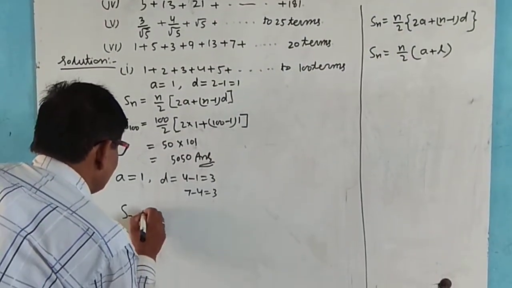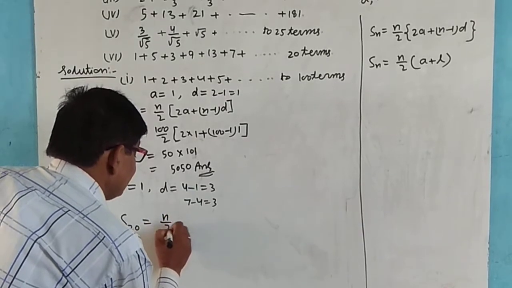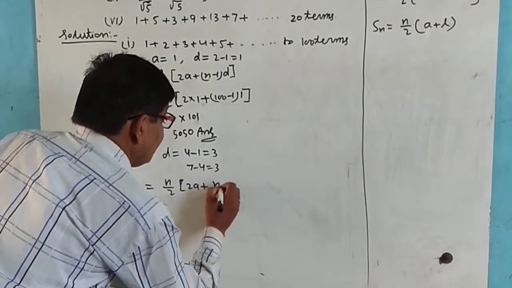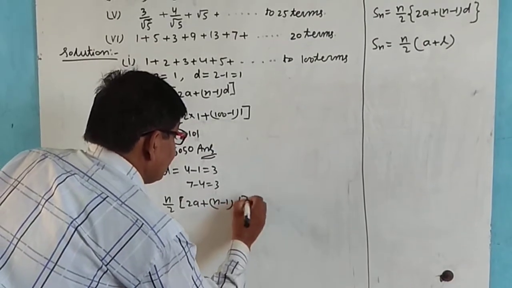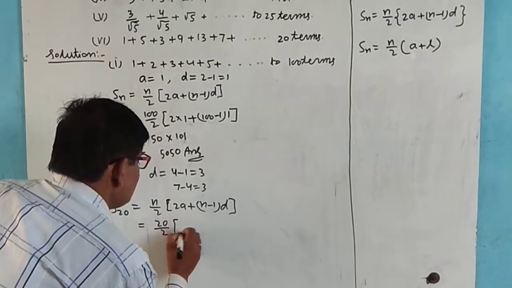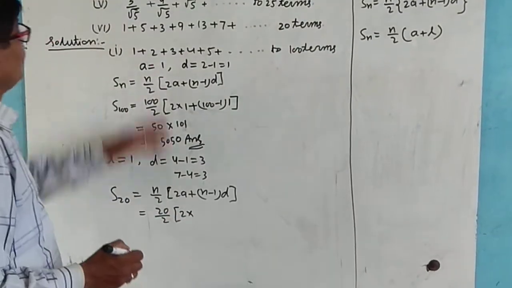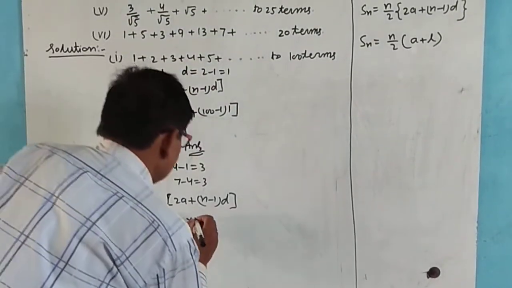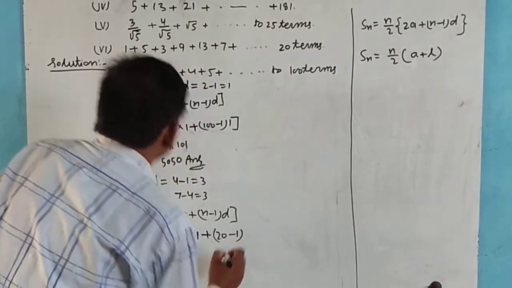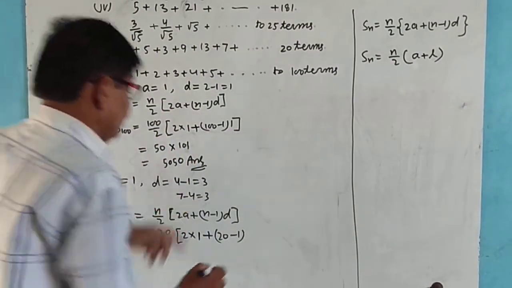S20 is equal to n by 2 times 2a plus n minus 1 into d. Here, in this case, 20 by 2, 2 into first term 1 plus 20 minus 1 into d equal to 3.